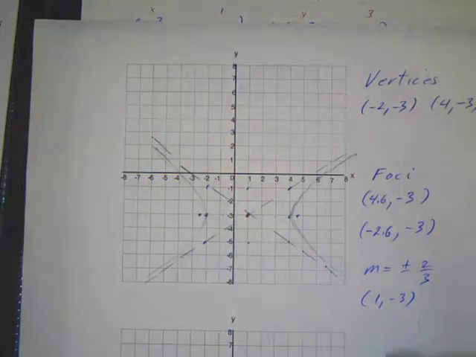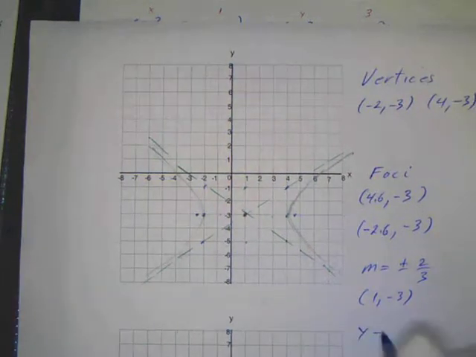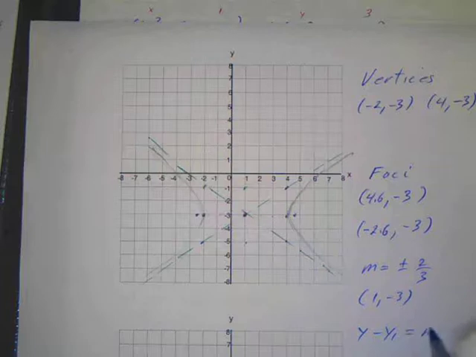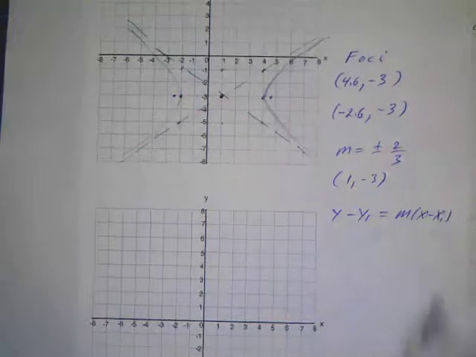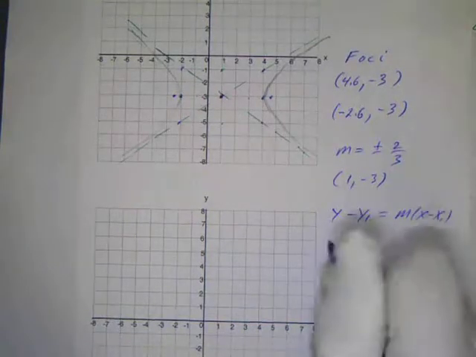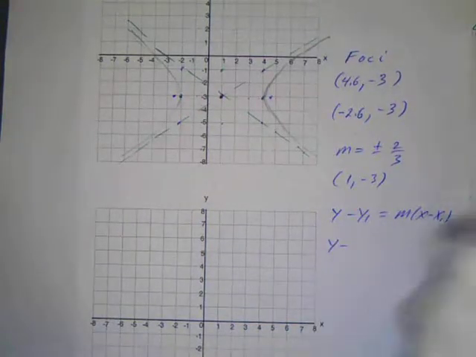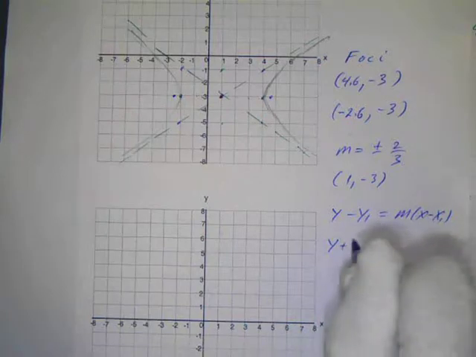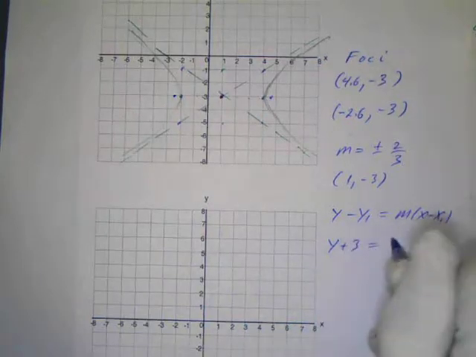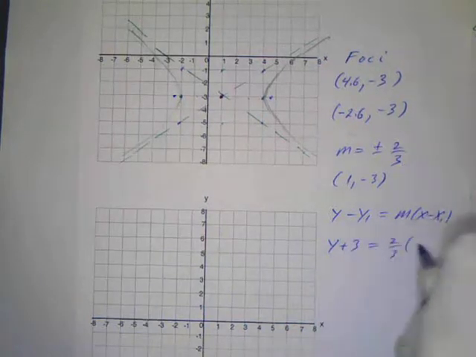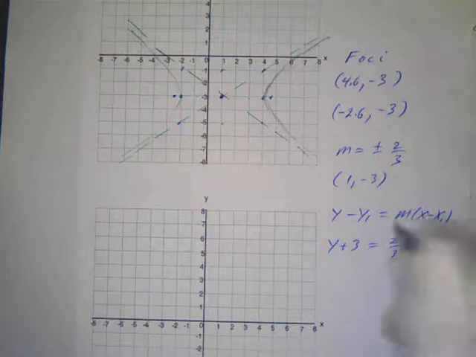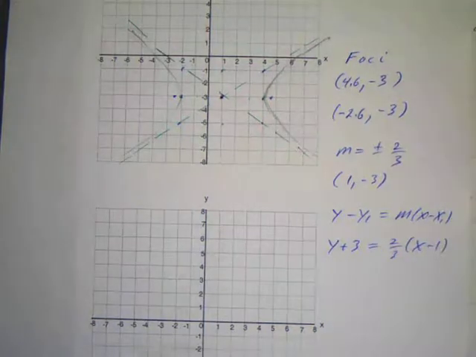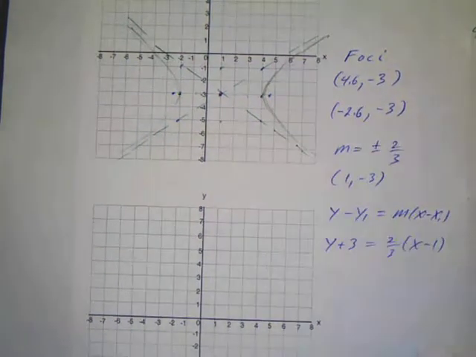So my first one, we can use y minus y1 equals m times x minus x1. And then we'll just find the equations of those lines. So it's going to be y minus y1, which would be negative 3, so that would be y plus 3, equals, and I'll use the 2/3 first, 2/3 times x minus x1, which is just positive 1. And then I just find the equation of that line. So I can simplify that.